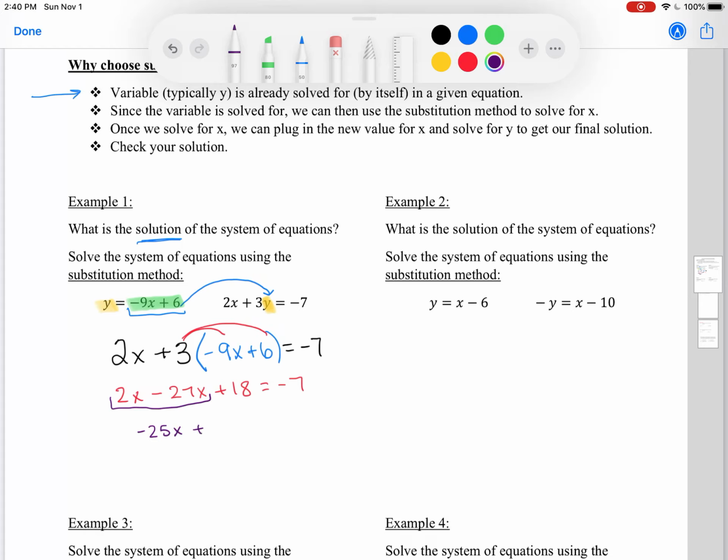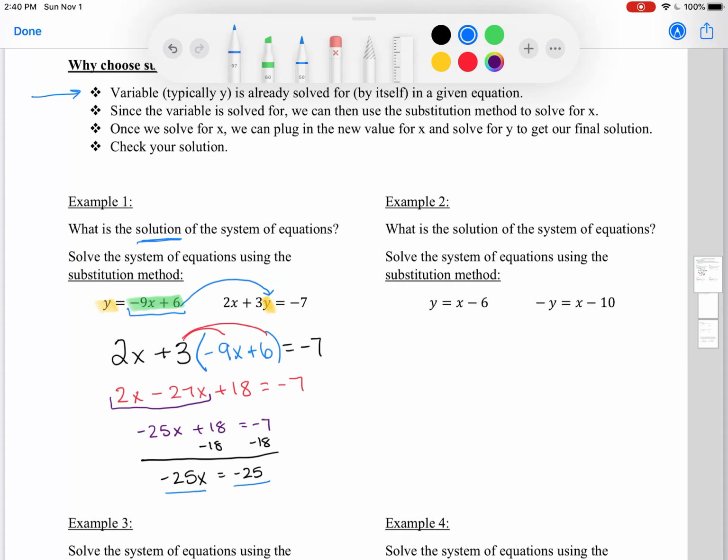And it's a solving game. Notice how all of your x's are on the same side, so that's good. We can combine these because they are like terms. 2x minus 27x is going to combine to give me negative 25x plus 18 equals negative 7. Again, we're solving for the variable. In this case, my variable is just x, so I want to get x all by itself.